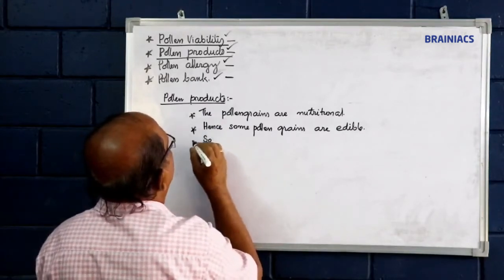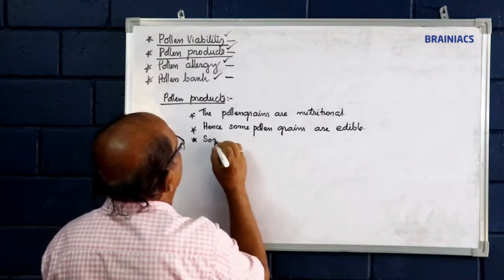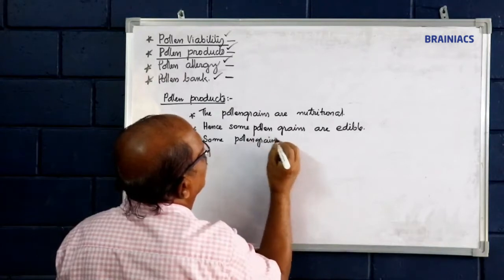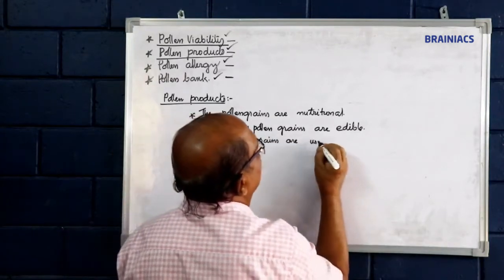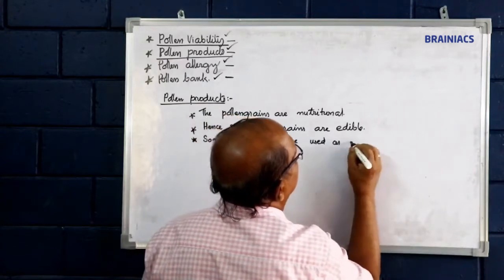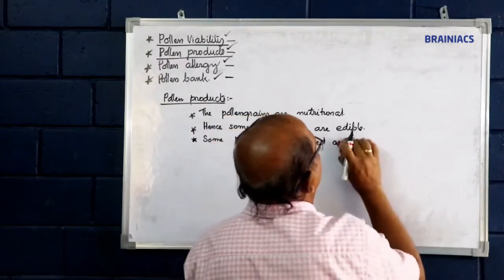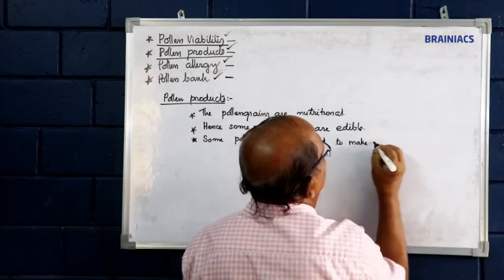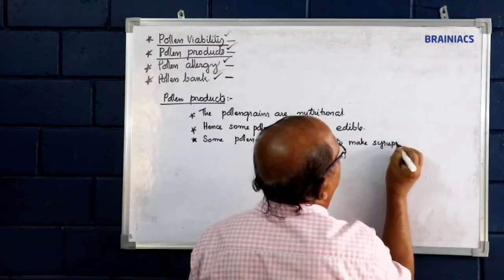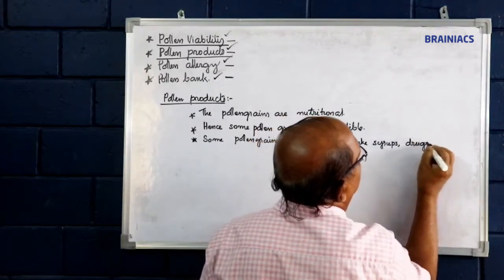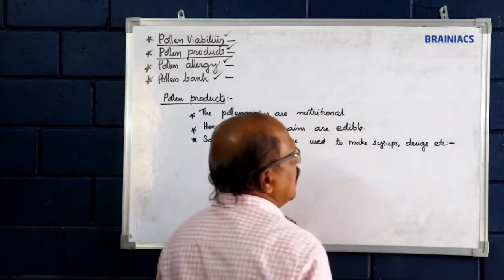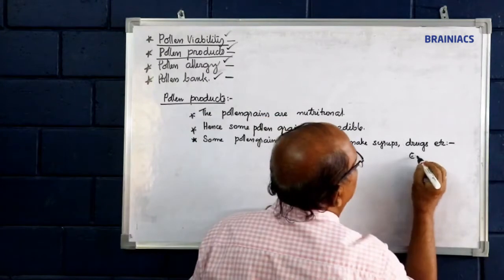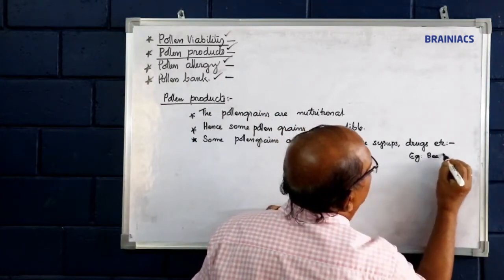Some pollen grains are used as syrups, drugs, etc. Bee pollen, for example.